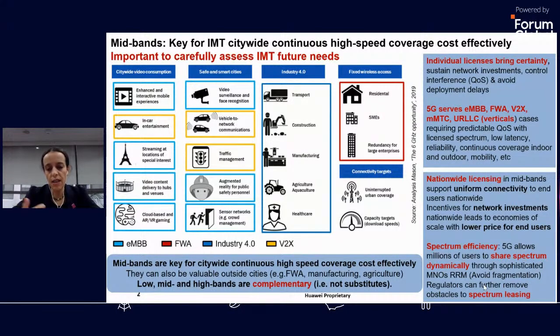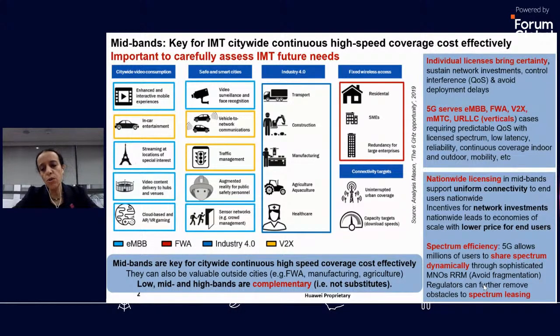That's also an incentive for network operators to invest in large deployments at national level. It also secures not only economies of scale, but also leads to a lower price per bit for the end user, which is key to deliver affordable connectivity to the end user.